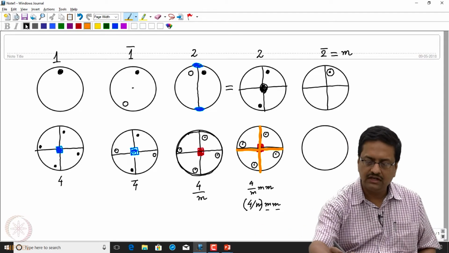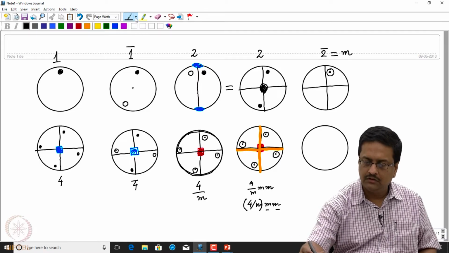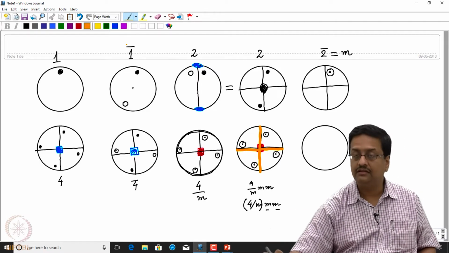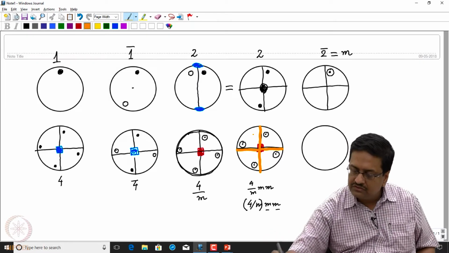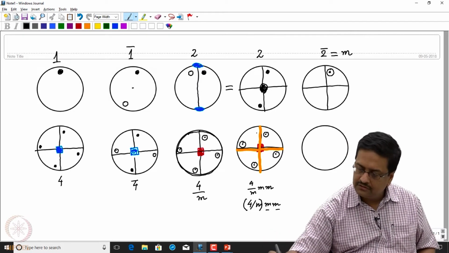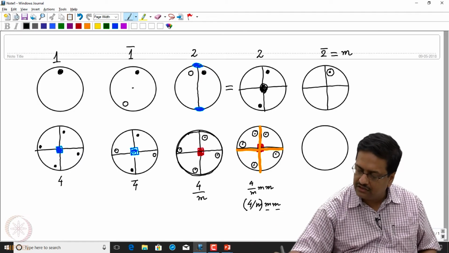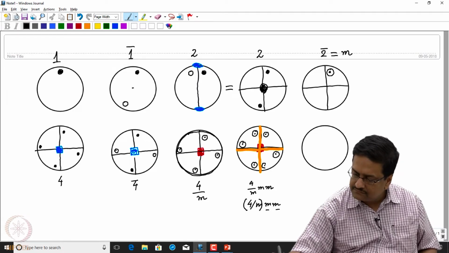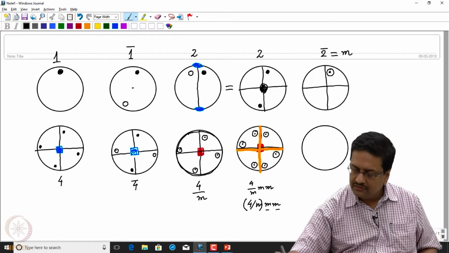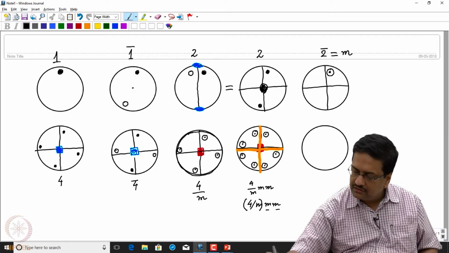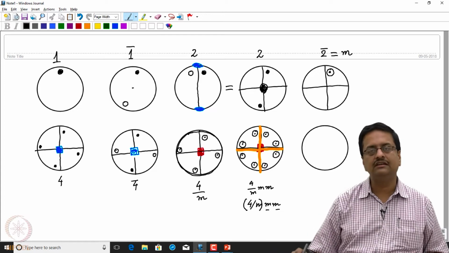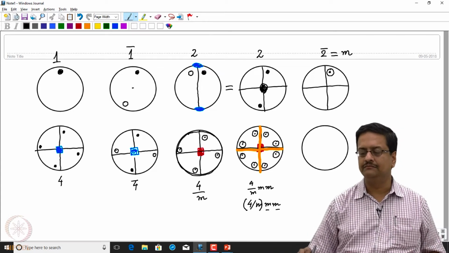So now if we try to operate these mirrors on the points that have been generated, we should simply get one more set of closed and open circle because of that mirror, and because of this horizontal mirror we get one point here and we get the corresponding point there. So this represents 4 by m, m, m.